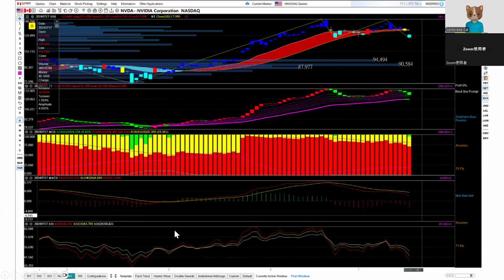Now there are three different conditions for RSI: overbought, normal, and oversold. So we have to remember the numbers when we are checking the RSI. First of all, overbought.